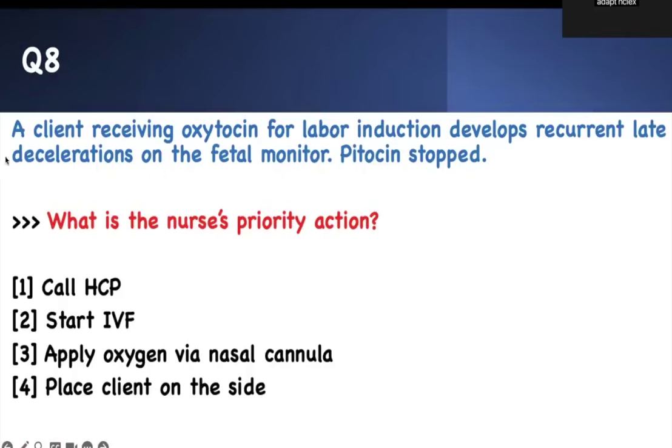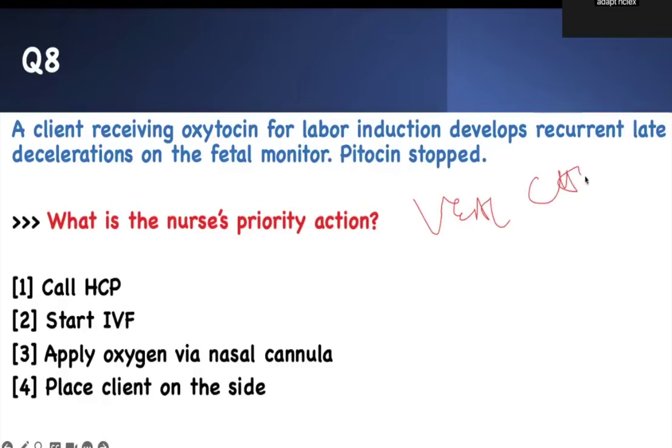This is a concept you have to know in case you take the NCLEX and you see recurrent late decel. If you write VEAL CHOP, you will figure out that this is the problem, right?